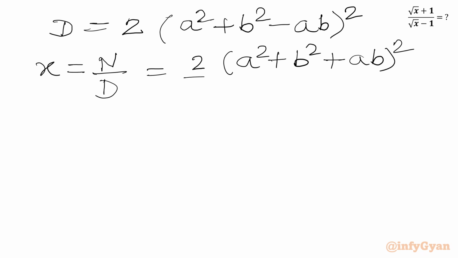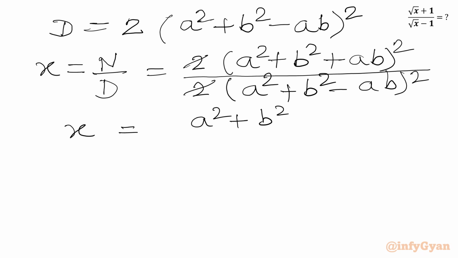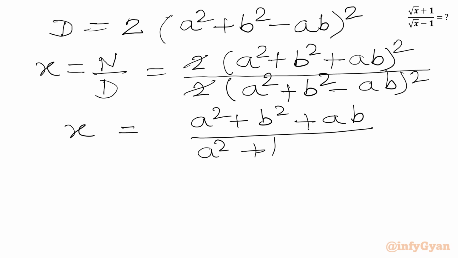This was our numerator, and denominator is 2 times a square plus b square minus ab whole square. Now 2 and 2 will be over, and we can write x will be equal to a square plus b square plus ab over a square plus b square minus ab whole square.